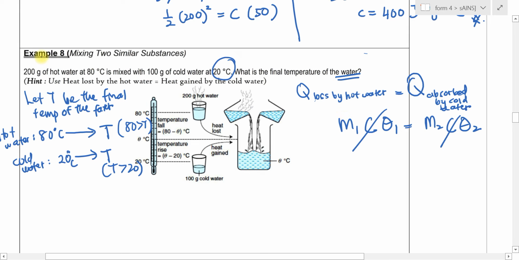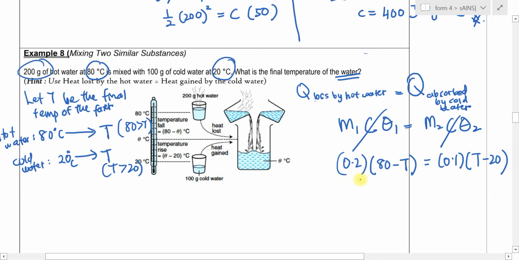So for the hot water 200 gram, kita tukar jadi 0.2 kg. Theta is from 80 it dropped to T. So 80 minus T. Untuk M2 it is 100 grams, so 0.1 kg. So the T is greater than 20, so T minus 20.